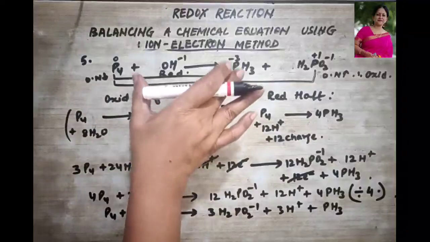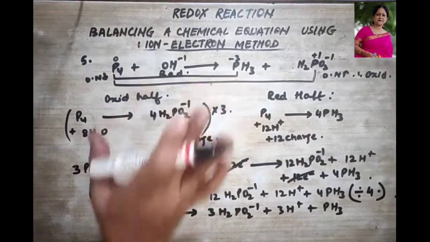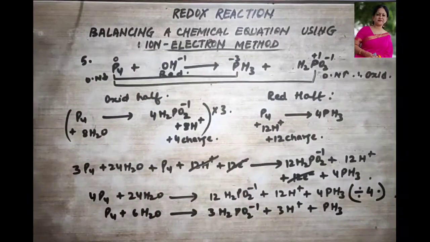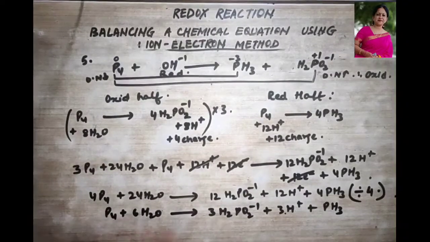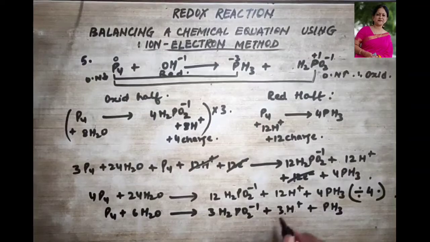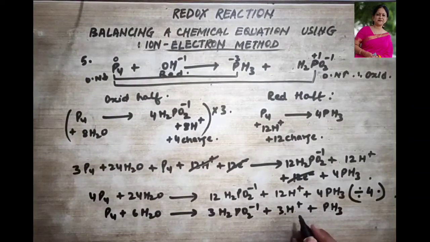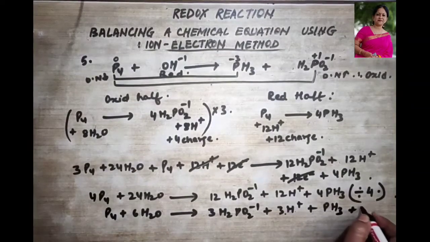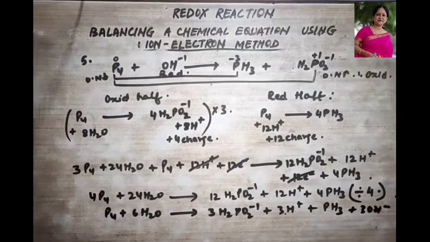Now this equation is in the basic medium. So what have we to do at the end in the basic medium? Add as many hydroxyl ions to both sides as the number of hydrogen ions. So over here there are 3, so we have to add 3 hydroxyl ions over here, and we have to add 3 hydroxyl ions over here also.